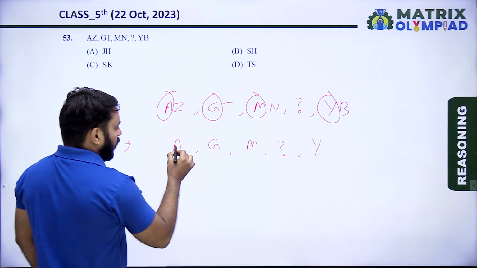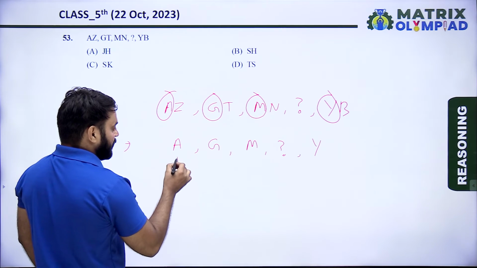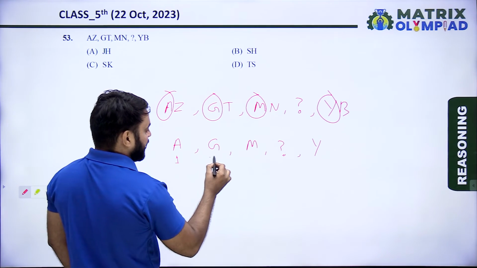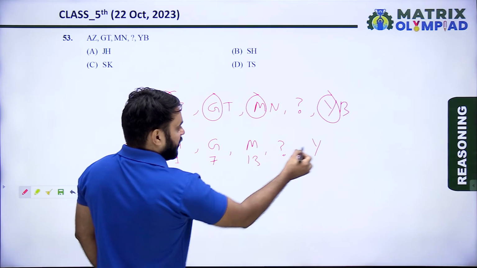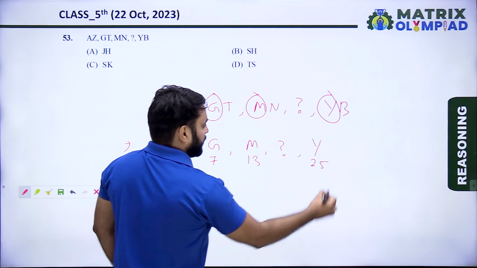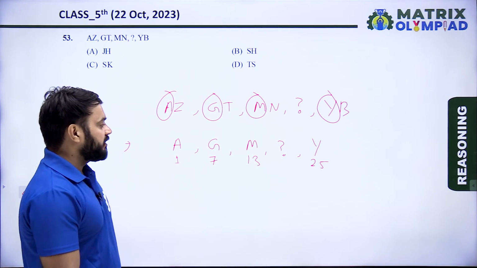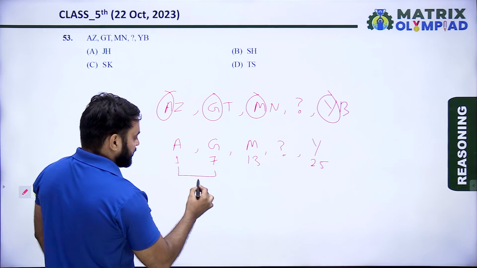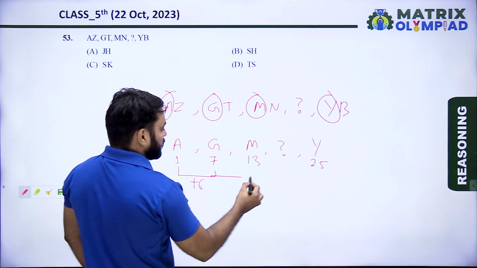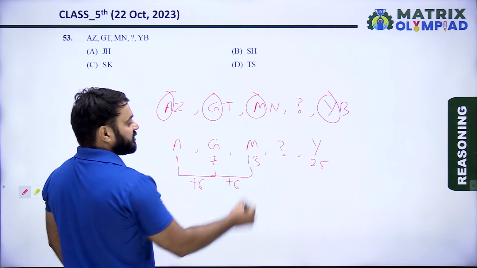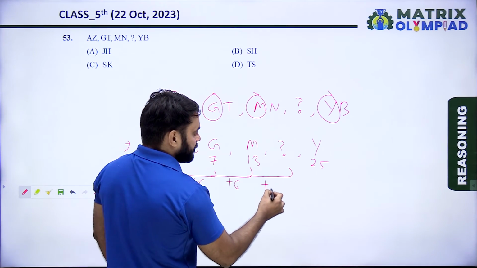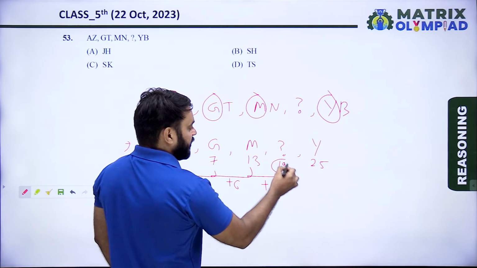So position of A in English alphabet is 1. Position of G in English alphabet is 7, M is 13, Y means 25. So find the pattern of the question. 1 plus 6 is 7. Now 7 plus 6 is 13. Now similarly 13 plus 6 is 19.